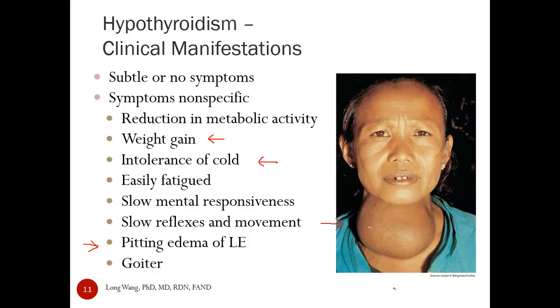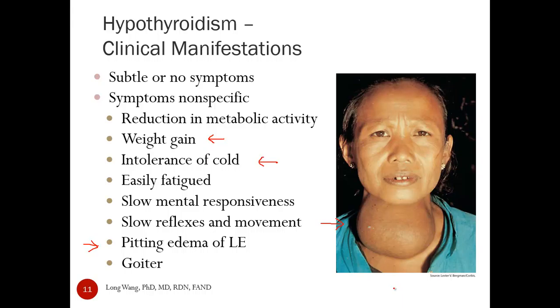Then that will actually stimulate the increased secretion of TSH, because the TSH, as a higher level officer, if you will, says, okay, thyroid gland, you need to secrete more thyroid hormone because the whole body doesn't have enough. And one thing TSH does is to stimulate the growth of the thyroid gland.